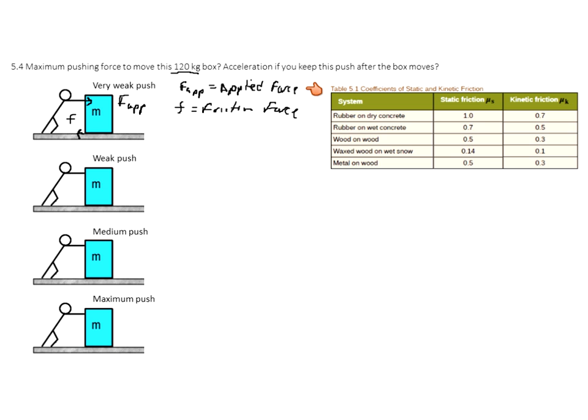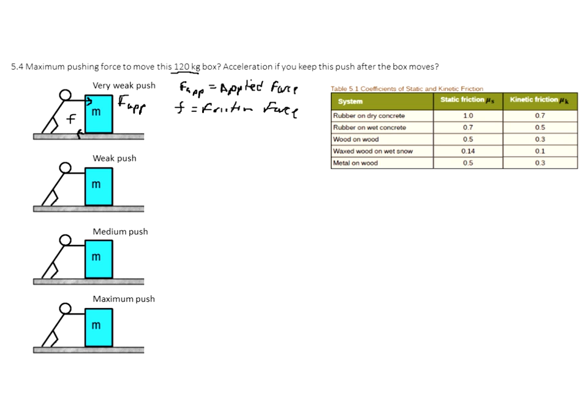So if I wanted to give the full name of the applied force, that would be the contact push of the person on the box. This would be the frictional push of the floor on the box, or the frictional pull. What would be a better way to say that? Probably push, frictional push of the floor on the box.